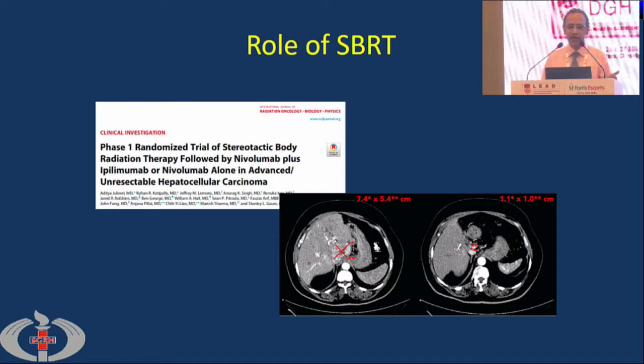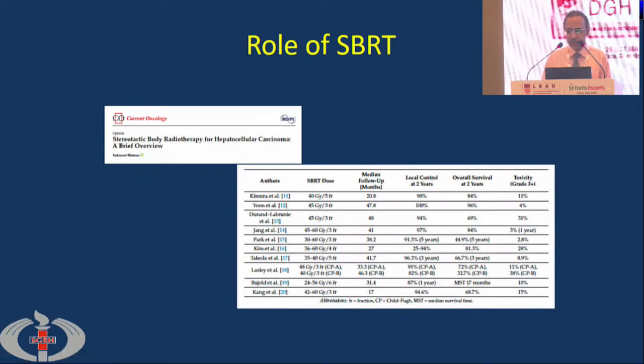Again, for SBRT, many studies have come up showing that it is a good modality, especially if there is portal vein tumor thrombosis, and even if there is no portal vein tumor thrombosis, if the tumor is localized in the liver, SBRT has an emerging role. Many studies have shown good overall survival, including 2-year survival, with SBRT.